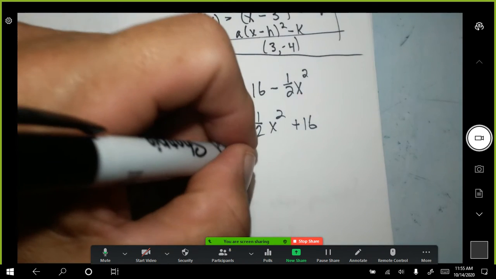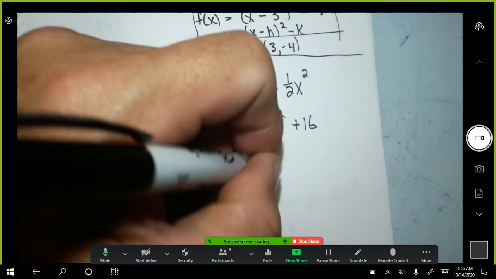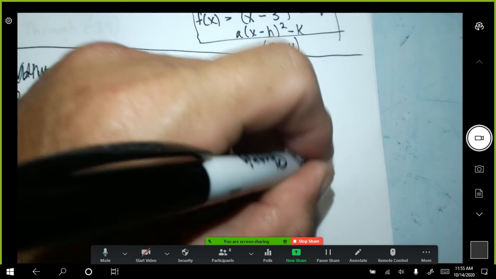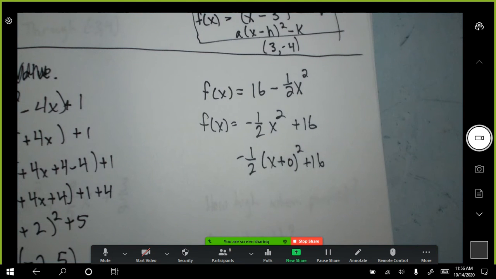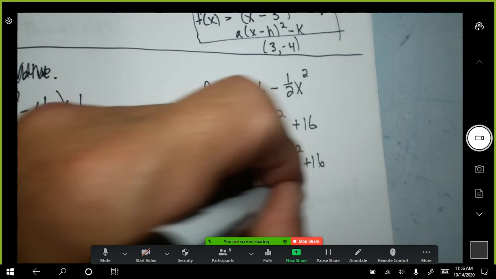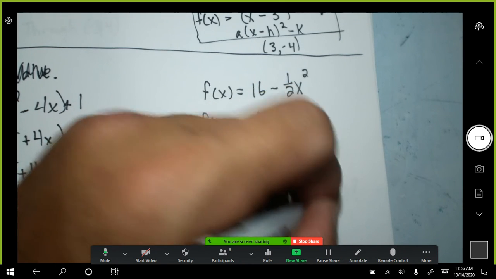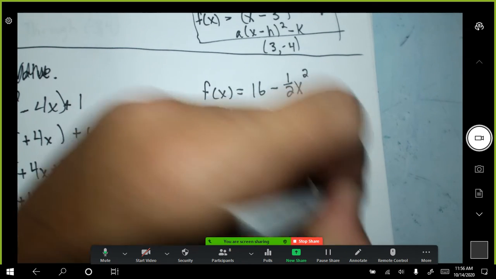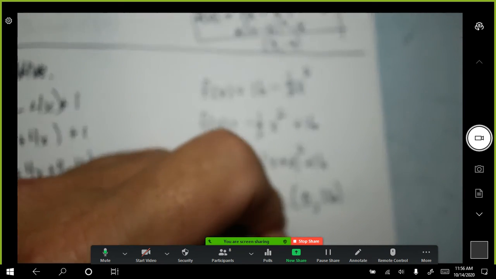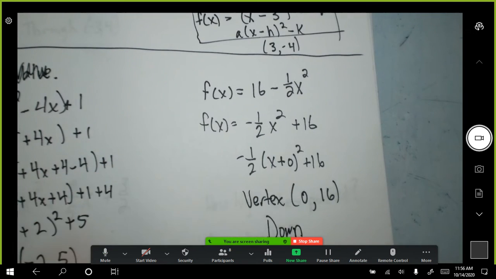So this is just like, if I wanted to put it in standard form, it would be x plus 0 squared plus 16. Which now the vertex is at 0, 16. Remember, 0 is neither positive nor negative. And then because that's a negative 1/2 out front, that opens down.